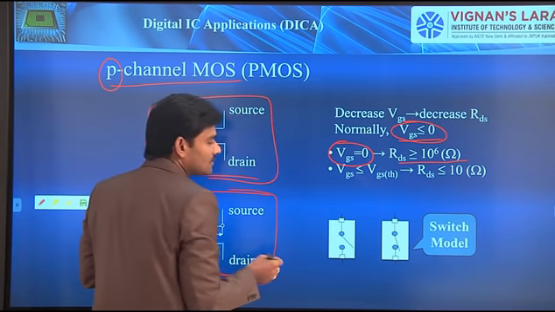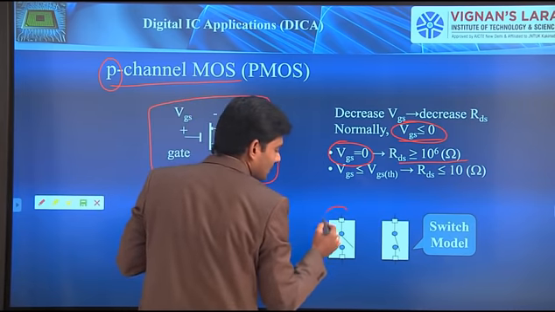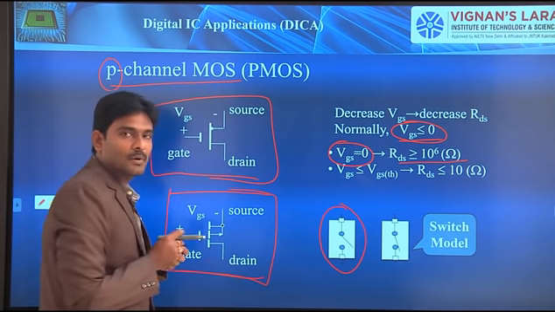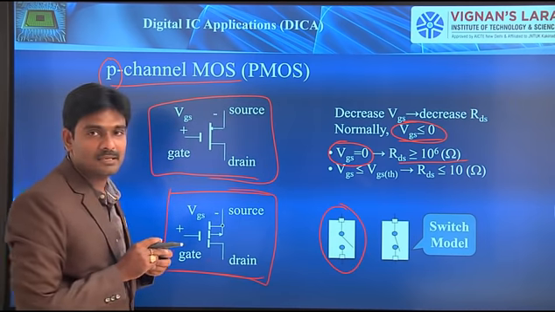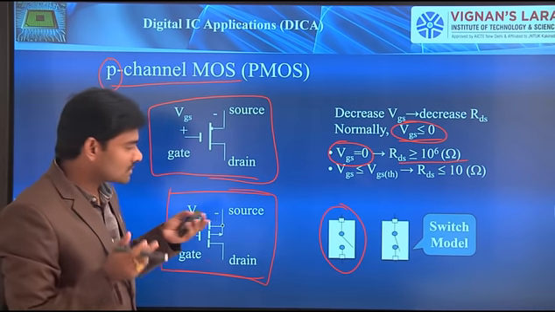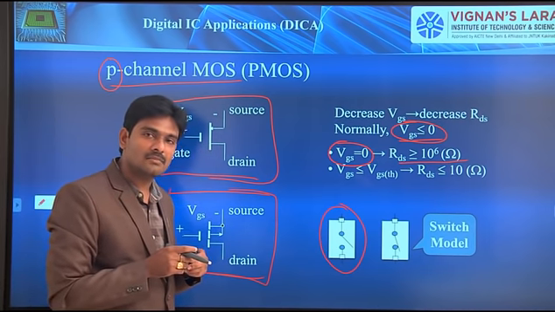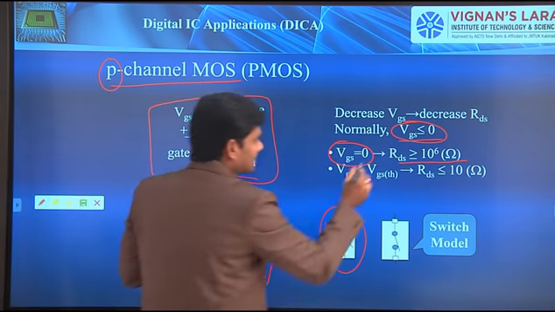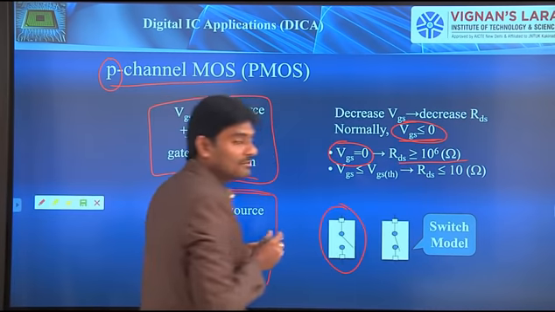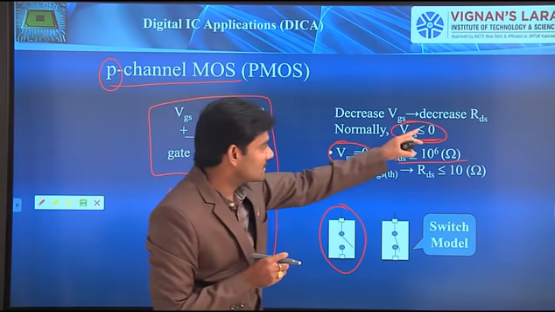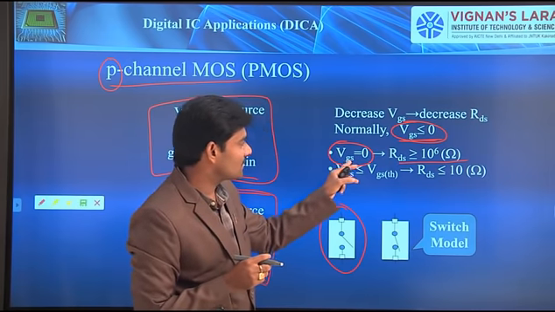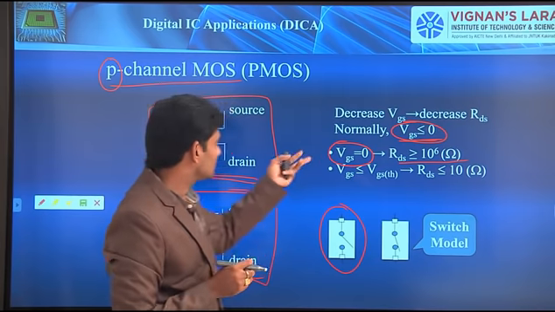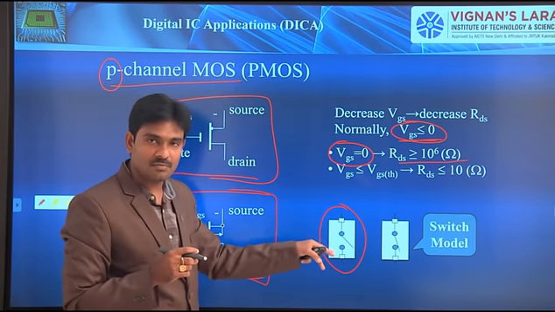So because of that, if you represent that particular one with a switch, that particular transistor is in off state. So because of the off state, we can indicate that with an open switch symbol. First we discussed VGS equals 0, then the transistor will act as an off switch.